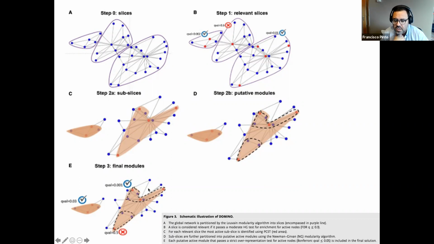In the end, you reevaluate if these submodules or subslices are enriched in significantly changed genes, and that's your end result. The active modules would be this subslice, and within this slice, this sub-cluster would be the result of the active module identification.